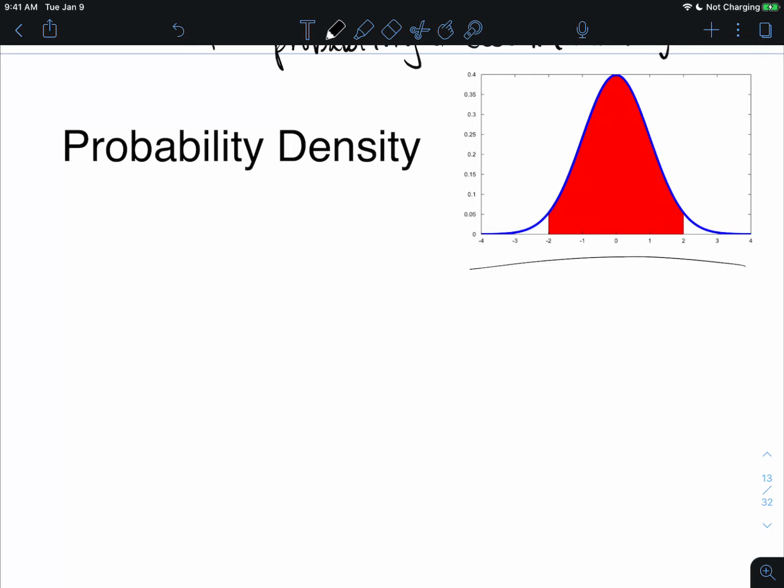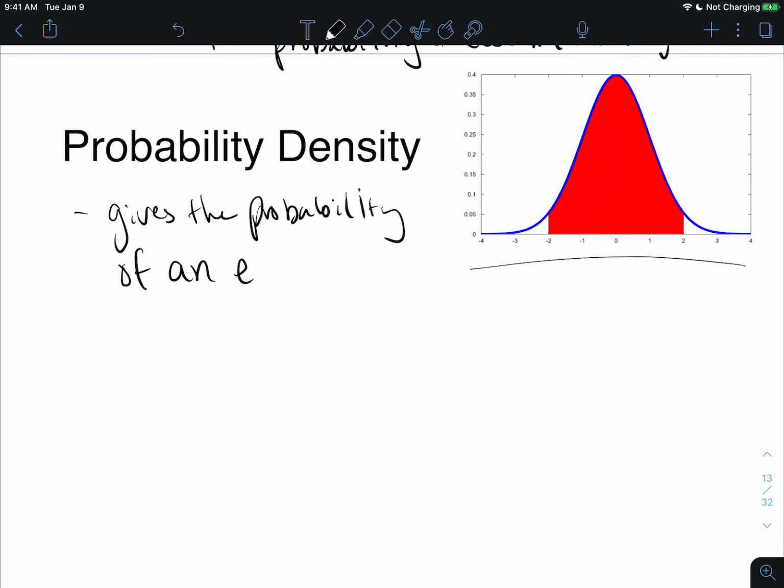When we solve for a probability density, it's going to give us the probability of an electron at a given point, so the probability of finding an electron some distance from the nucleus.